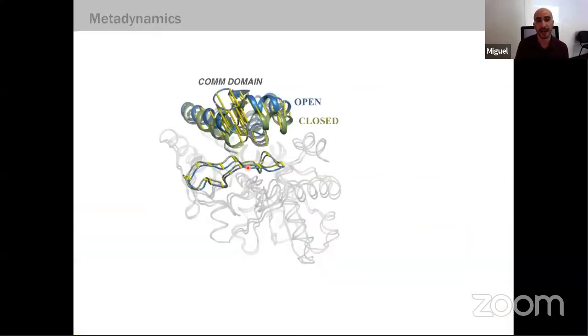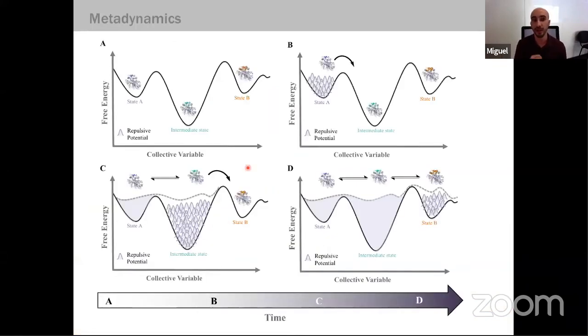For the time required, we use an approach called workers, where instead of one simulation, we run 10 simulations that interact with each other. It means that the worker that is adding repulsive potentials, when it jumps to another local energy minimum, knows or remembers the Gaussian potentials that the other workers have added.